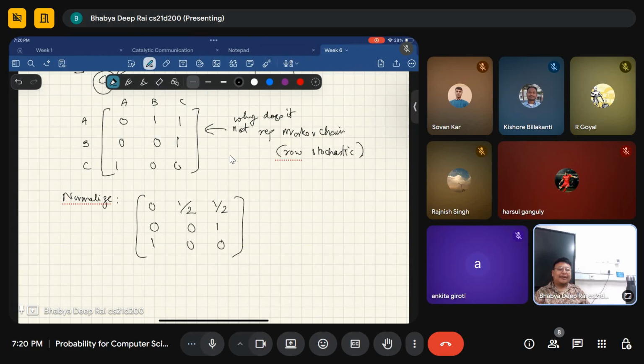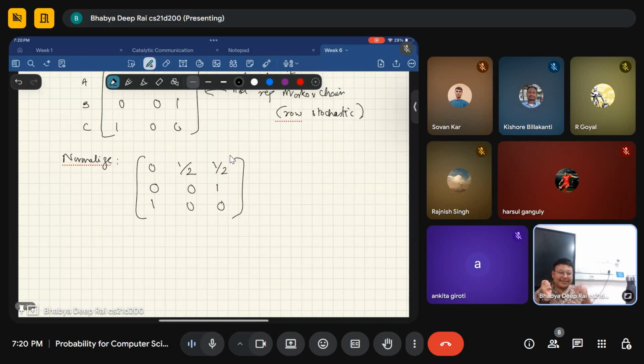Now the question is, how do you rank the pages? So here's a way to rank the pages, which Google's PageRank algorithm prefers.